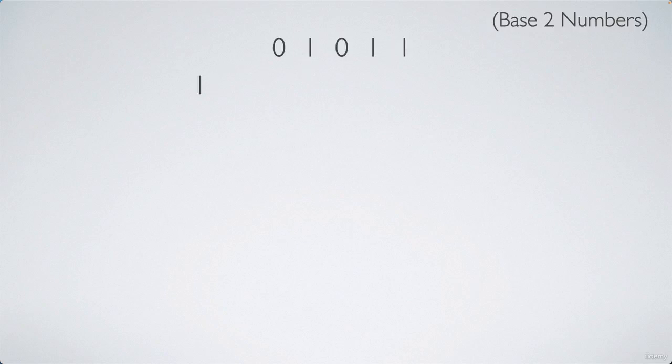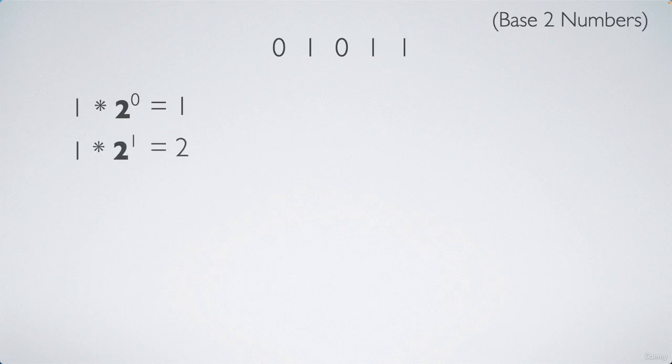So we're going to take 1. We have to multiply it by 2 to the power of its index. Its index right now is 0, and the result is 1. We have to do the same thing with the second character from the right side. So we're going to take 1 again. Now we have to multiply it by 2 to the power of 1, and we're going to end up with a 2.